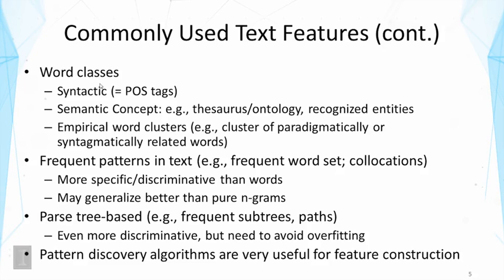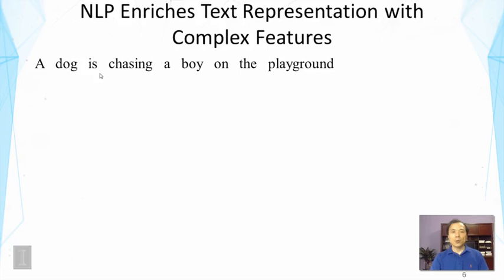And in general, pattern discovery algorithms are very useful for feature construction because they allow us to search in a larger space of possible features that are more complex than words that are sometimes useful. So in general, natural language processing is very important to derive complex features, and they can enrich text representation.